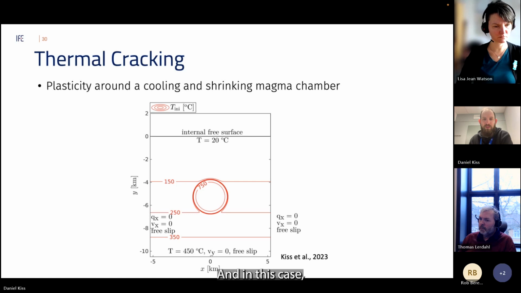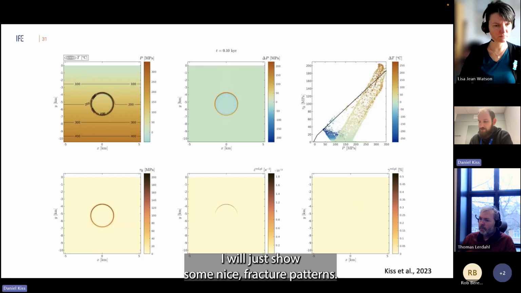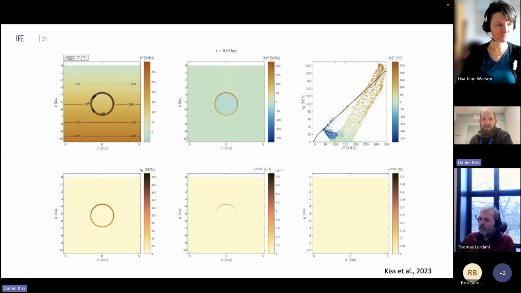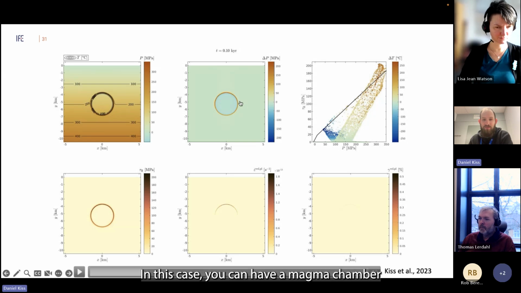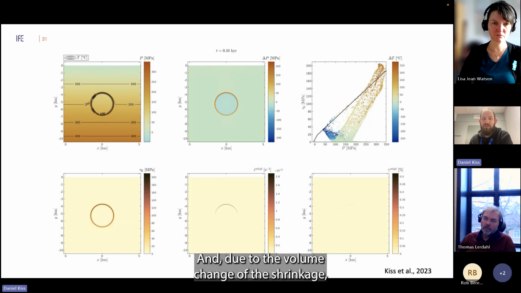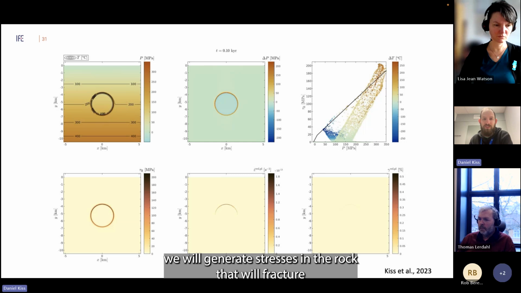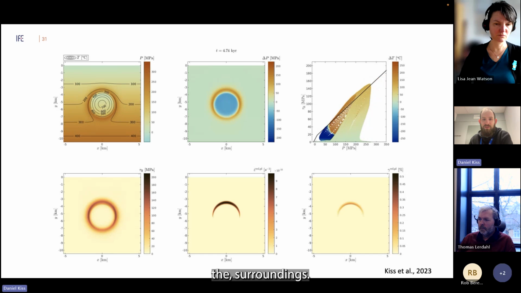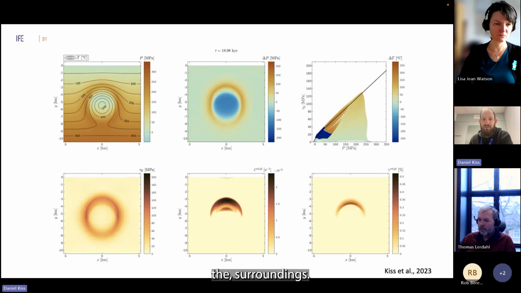And in this case, I will just show some nice fracture patterns. In this case, we can have a magma chamber, and the magma chamber will cool. Due to cooling, it will shrink, and due to the volume change of the shrinkage, we will generate stresses in the rock that will fracture the surroundings.